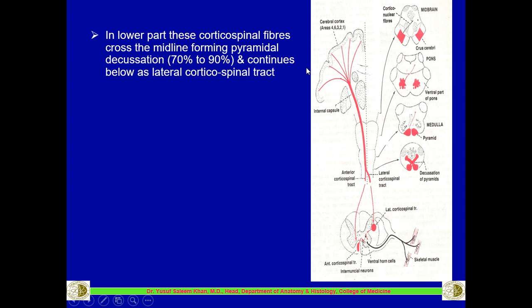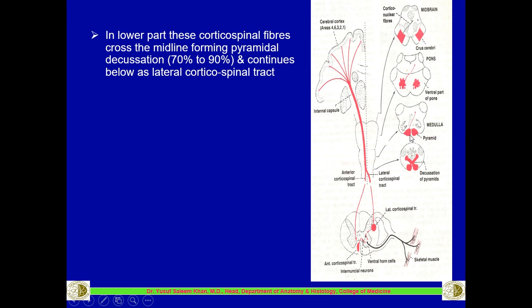In this picture, you can appreciate these are the corticospinal fibers. They come from the cortex, areas number 4, 6, 3, 2, 1, and they pass through the internal capsule and go into different parts of the brainstem. These are the corticospinal fibers in the midbrain, and in the pons, which we have already studied, this is the region where we can see the corticospinal fibers.